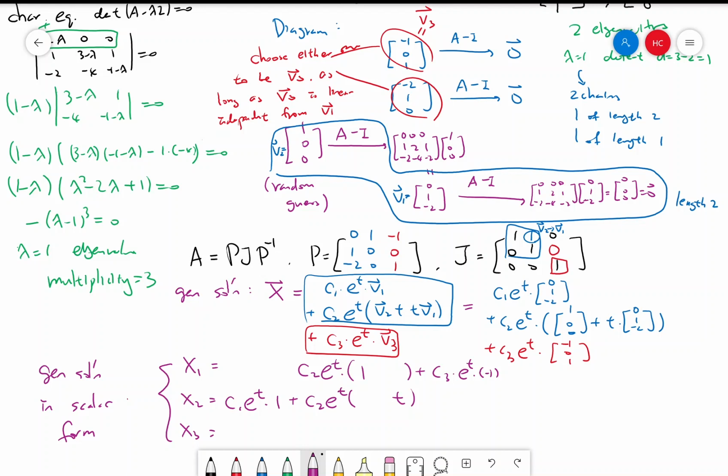And x3 is C1 times e to the t times negative 2, plus C2 e to the t times (0 minus 2t), and plus C3 e to the t times 1. So this is the general solution in scalar form.